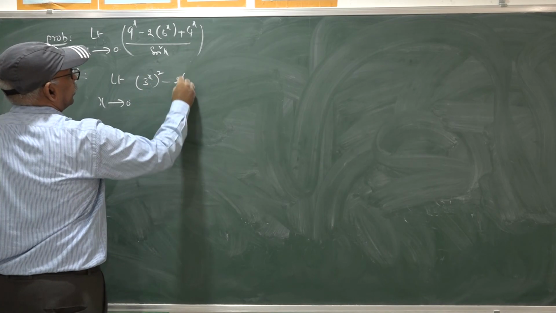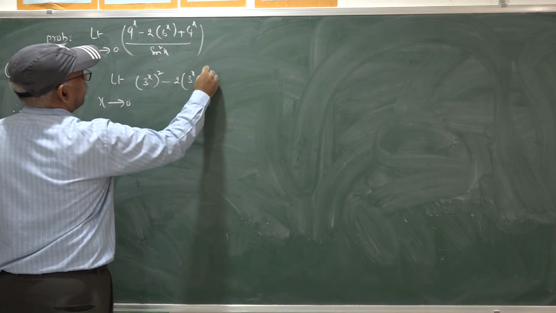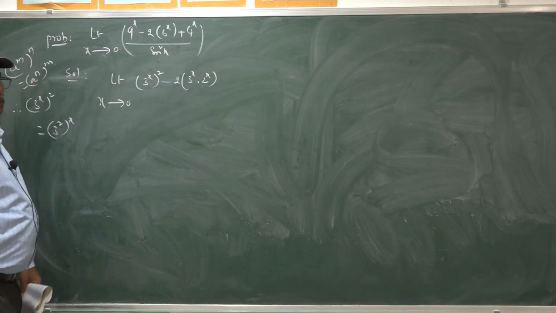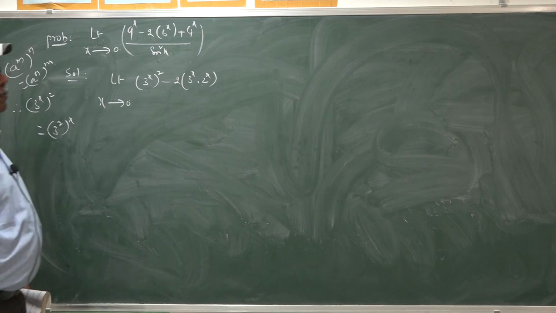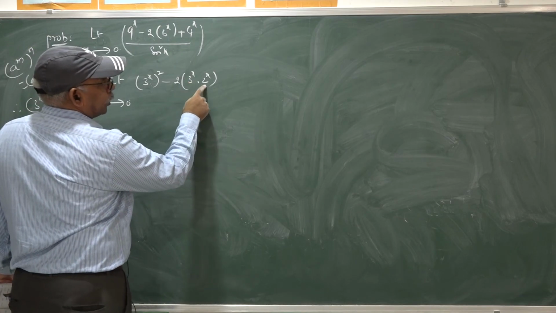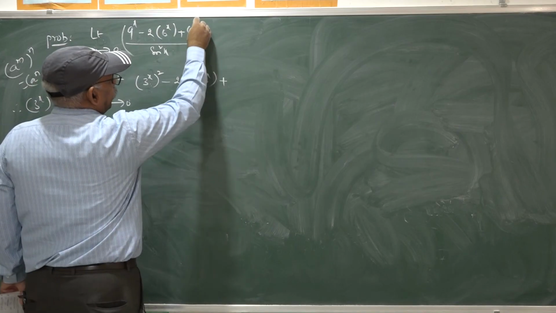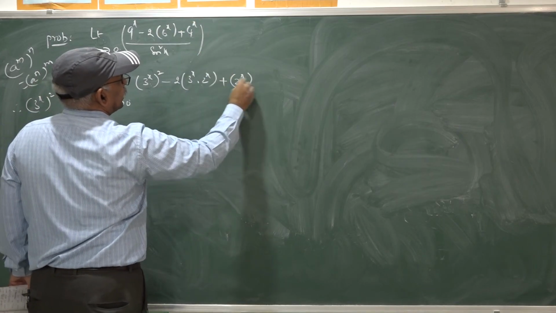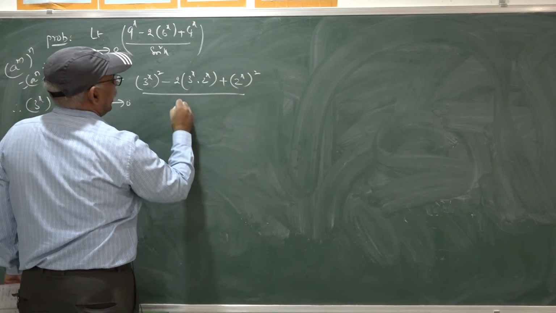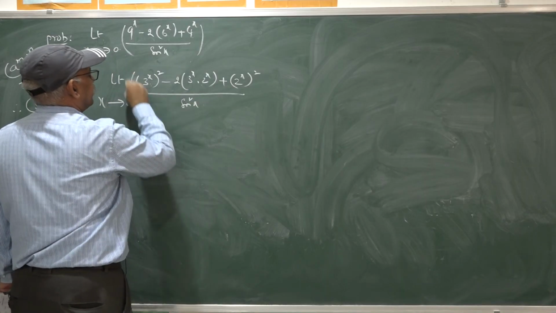Minus 2 into 3 power x into 2 power x. Once the powers are same, taking the product of the bases, we get 6 power x, plus 4 power x is 2 power x whole square, by sin square x.